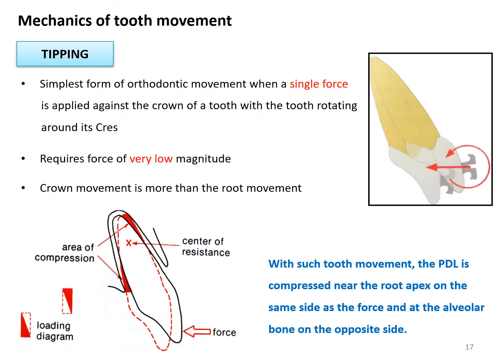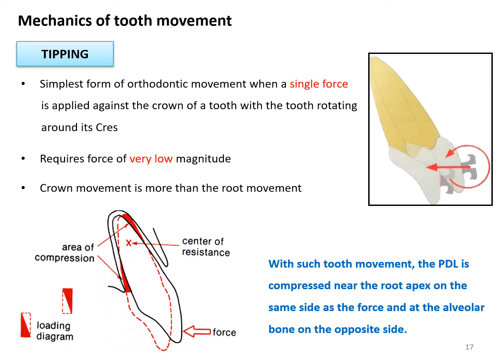Now we shall see what tipping is. So tipping is the simplest form of orthodontic movement when a single force is applied against the crown of a tooth and the tooth rotates around its center of resistance. So the image on the right will help you understand how the tooth moves when a force is applied at the bracket and the tooth is rotating around its center of resistance.